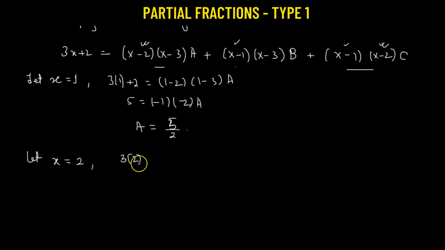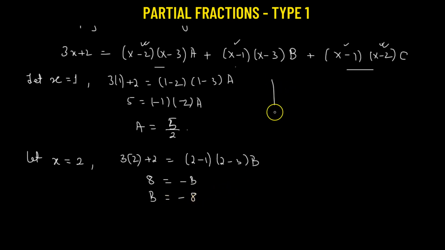We have 3 times 2 plus 2 on the left hand side, which is 6 plus 2, that is 8. The second term becomes 2 minus 1 multiplied by 2 minus 3 times B. 2 minus 1 is 1, and 2 minus 3 is negative 1. So we have negative B equals 8, and B equals negative 8.